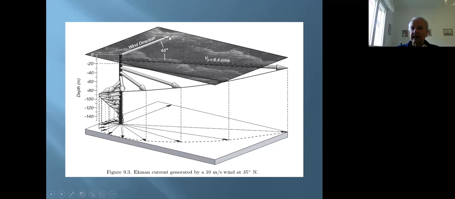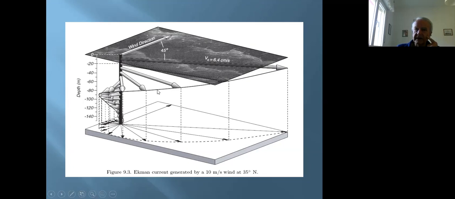So if this is 10 meters per second, a few percent of it gives us 6.4 centimeters per second, to the right-hand side, 45 degrees with respect to the wind direction in the northern hemisphere.